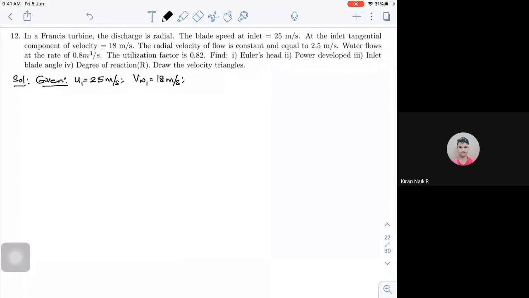Vf or vf1 both are same, which is 2.5 meters per second, and the discharge is found to be 0.8 meter cube per second. So we have the utilization factor, that is epsilon, which is 0.82. So what we are supposed to find?